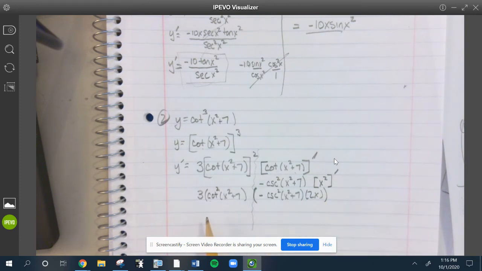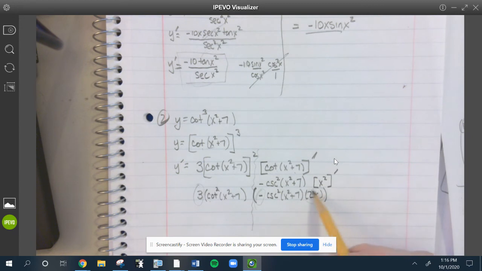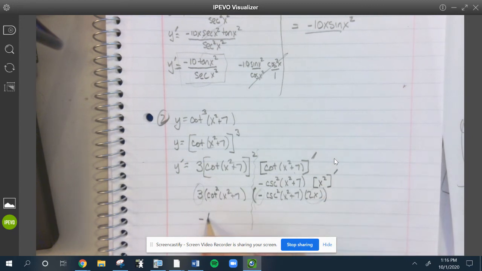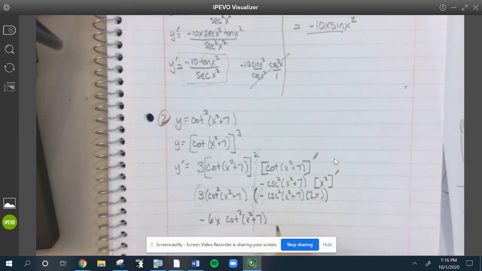So let's multiply all the constants together. The 3, the negative, and the 2x to get negative 6x. You can see we have cotangent squared of x squared plus 7 and cosecant squared of x squared plus 7.